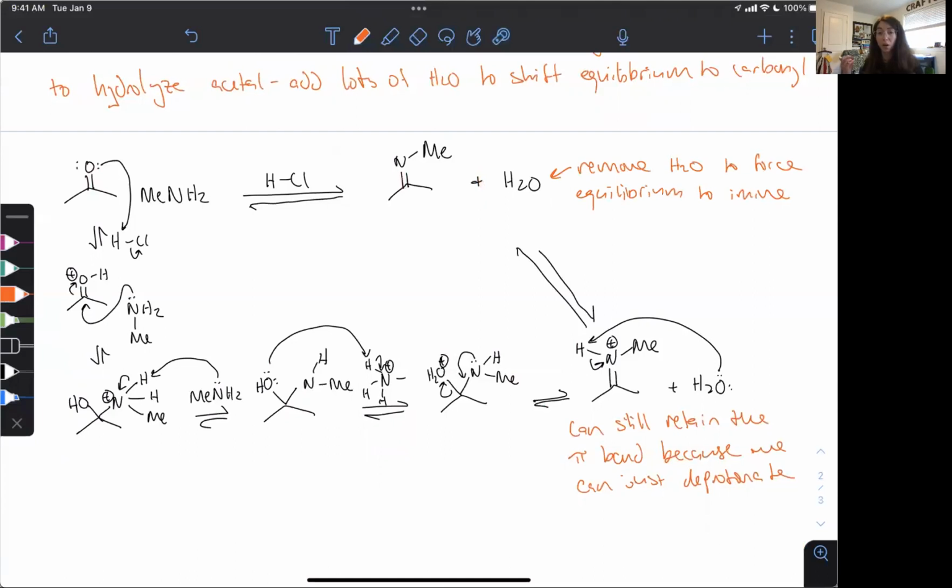So removing that water helps us push the equilibrium towards the imine side. Adding water means we're going to push the equilibrium towards our starting material side, the carbonyl plus amine. Okay, so that's what we see with ketones and aldehydes.